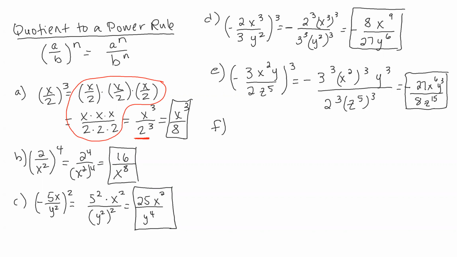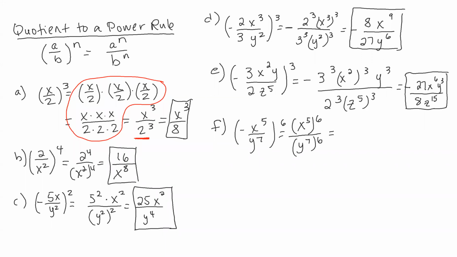Let's say for this one, I have negative x to the fifth over y to the seventh, and I've raised everything to the sixth power. Again, I have a negative inside parentheses, but this time I have an even exponent. My exponent's 6, so that tells me everything is going to be positive. So we know we're going to have a positive quotient here, so I'm going to bring that exponent inside.